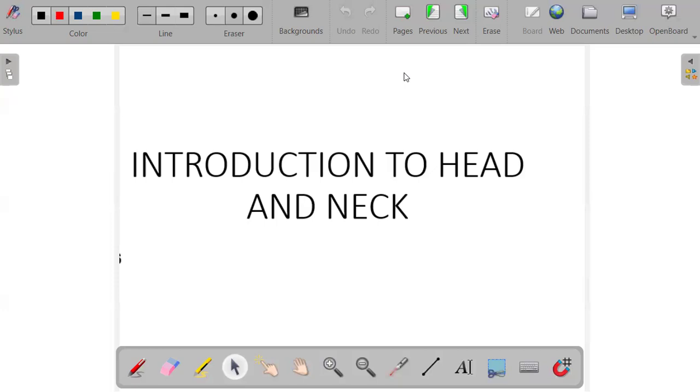Today we are specifically going to talk a bit about the bony skeleton of the head, which we call the skull. So the skull bone is what we're going to focus on in this subtopic. The skull consists of 22 bones.